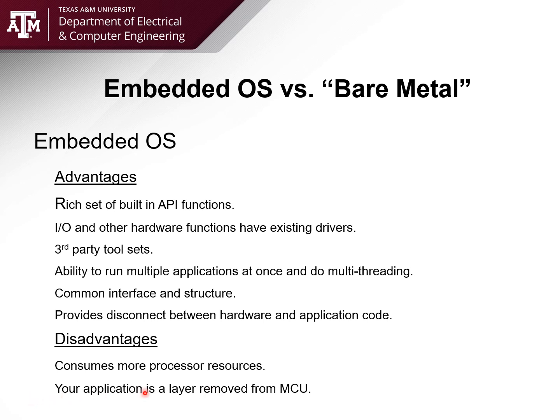The reason why that's a disadvantage is if you're trying to be very specific with your hardware and you have a very specific task, like the example I gave earlier where we're just trying to read a temperature and turn a heater on and off, and that's it. If you have an embedded Linux application, I have to boot Linux, I have to get all the peripheral drivers loaded, I have to do all this stuff. So there are so many layers that have to happen just to read a temperature.